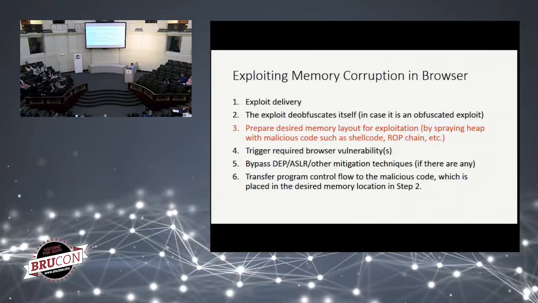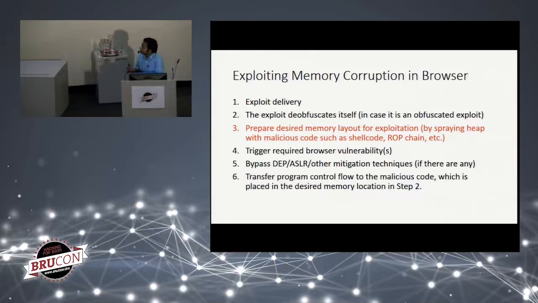On a very high level, if I have to define how an attacker exploits browsers, the first part is exploit delivery. The exploit gets delivered into the browser, and the next part is deobfuscation. The attacker usually won't deliver the exploit in a normal form. It obfuscates the exploit in many ways, so the exploit deobfuscates itself. After that, it prepares the desired memory layout.